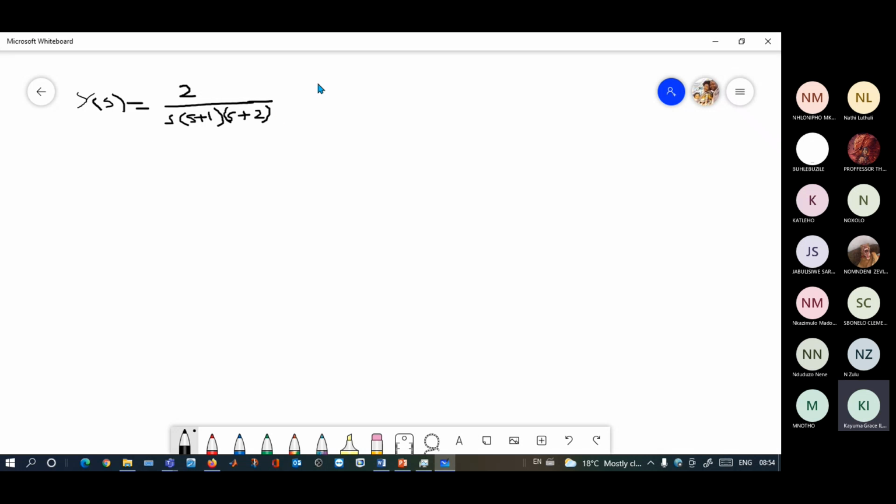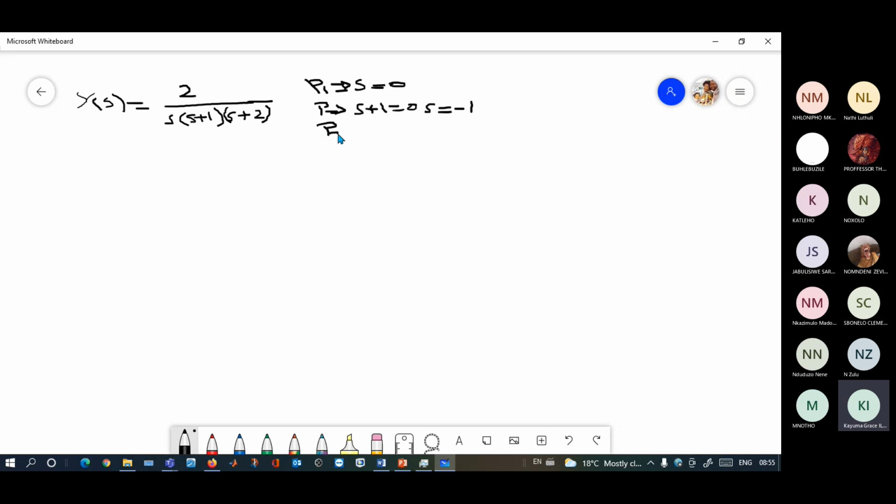So let's say P1 is going to be s equal to 0. This is going to be P1. And P2 is going to be s plus 1 is equal to 0, then s is going to be minus 1.